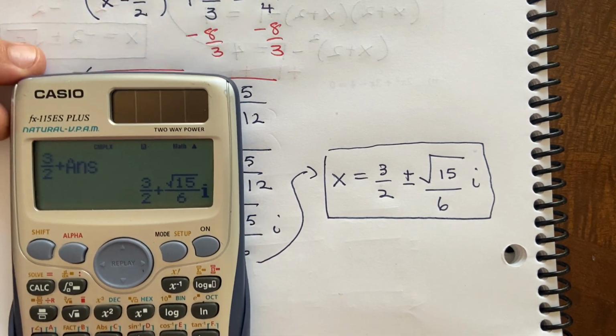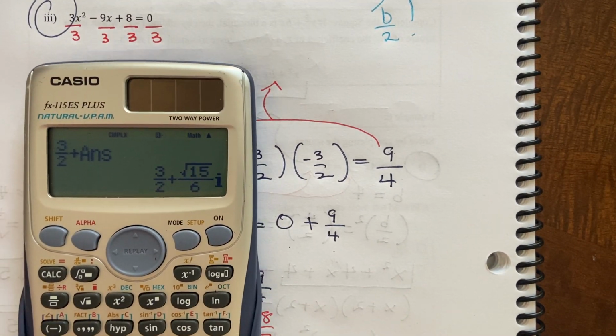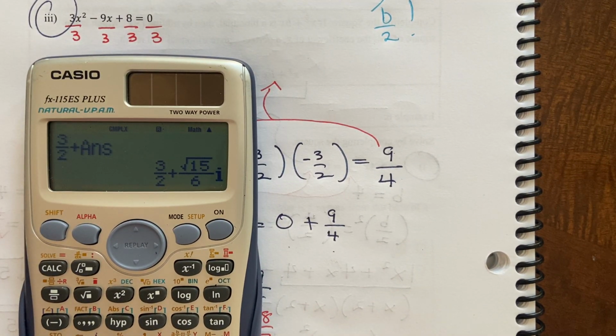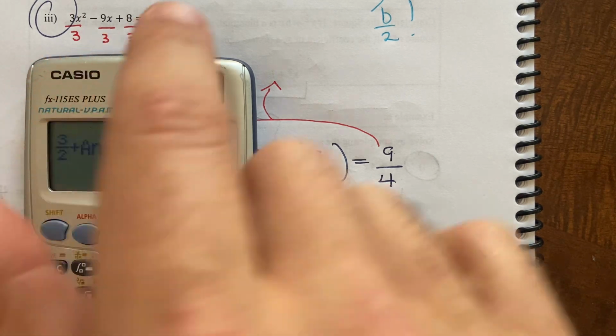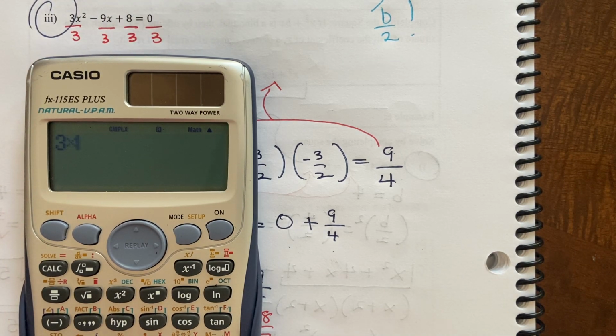So now I can plug this in. So what I'll do is I'll multiply 3 times answer squared minus 9 times answer plus 8 and hope that gets 0. So 3 times answer squared minus 9 times answer plus 8. It's a 0.